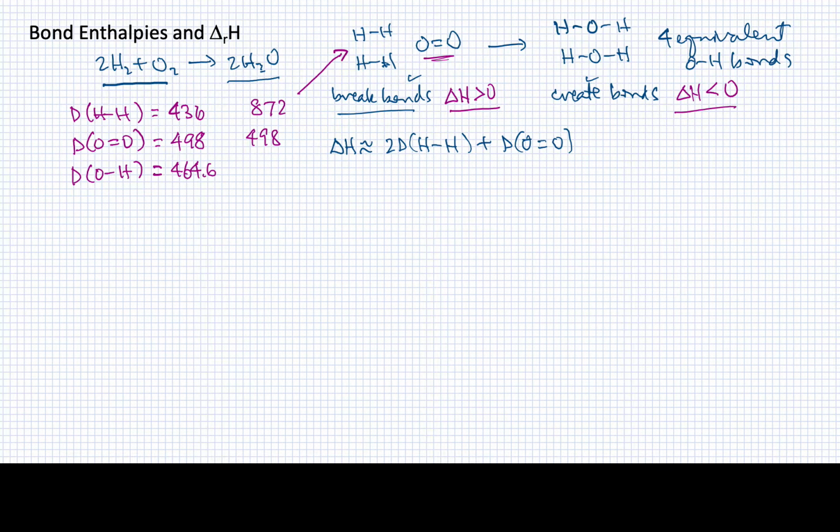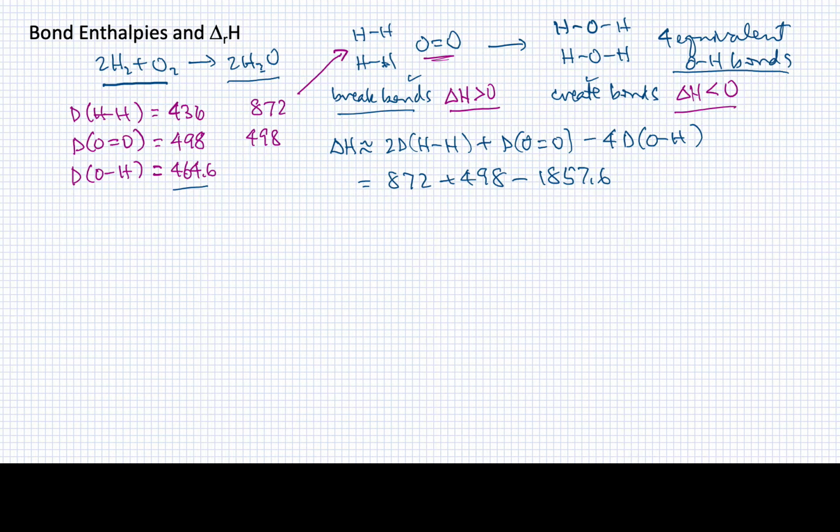And then I'm going to get back the energy of 4 oxygen-hydrogen bonds, so I'll have minus 4 times the dissociation of the oxygen-hydrogen bond. So this little bit of arithmetic would involve 872 plus 498 minus 4 times this, and the number that I get is 1,857.6 when I add all those things up.